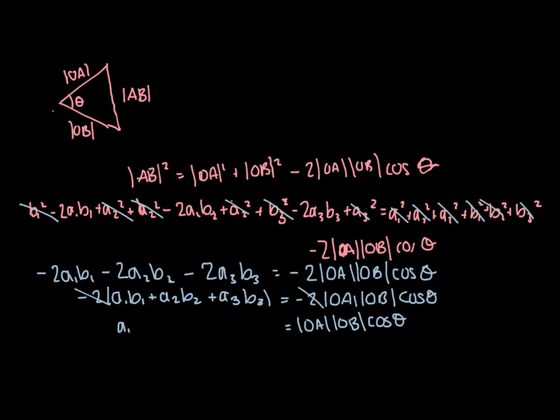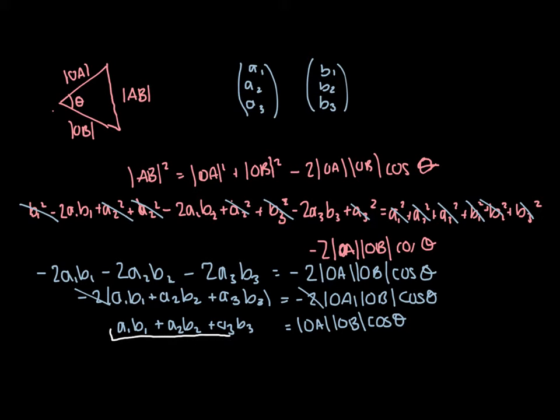What I'm struggling to get is this bit, a1b1, a2b2, and a3b3, except for the fact that it's a really nice pattern. It appears to be the respective i, j and k components of each of my original vectors multiplied together. And it's appeared in quite a fundamental idea: how do you calculate the angle between two lines or two vector lines? So we should probably formalise this a little bit. This little expression here, a1b1 plus a2b2 plus a3b3, is called the dot product.